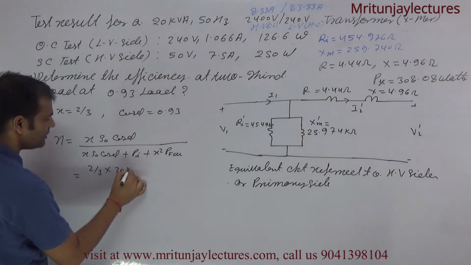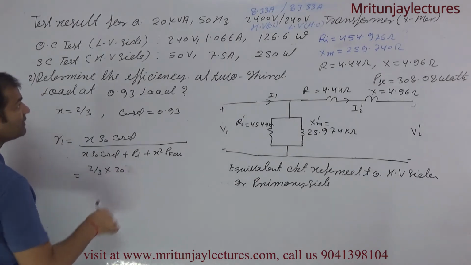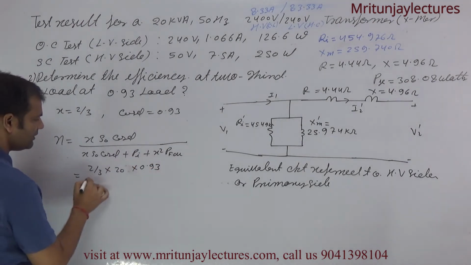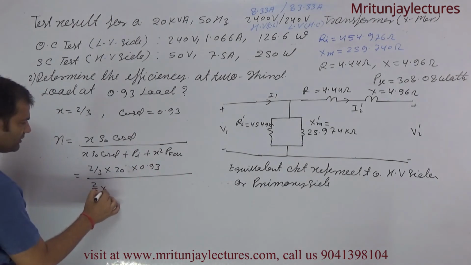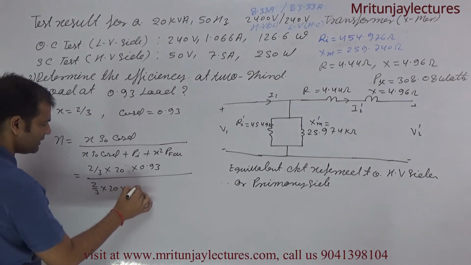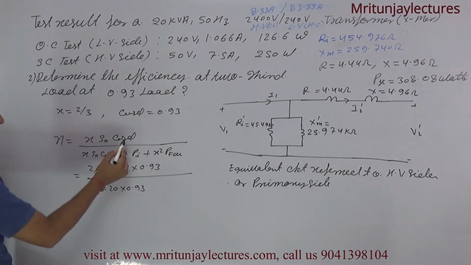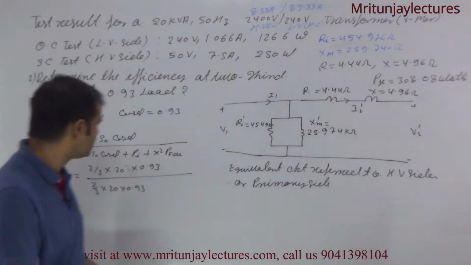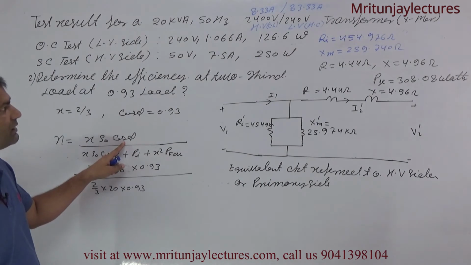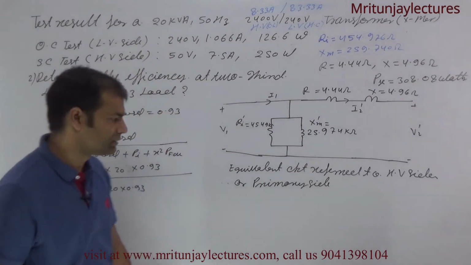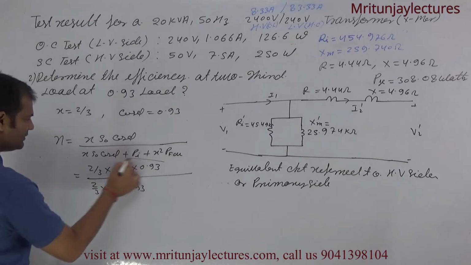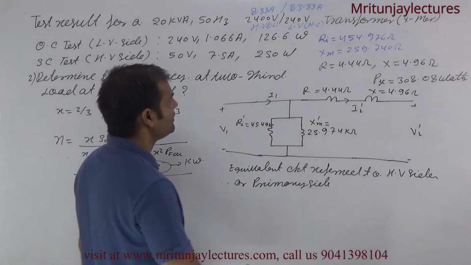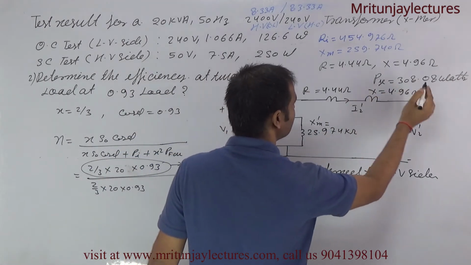That is the kVA, given as 20. After multiplying by cos phi, it is converted into kilowatt.